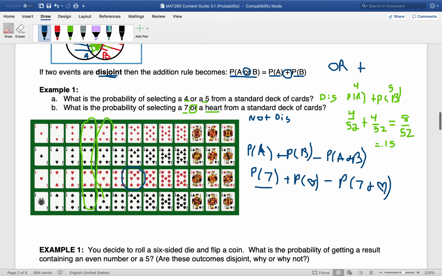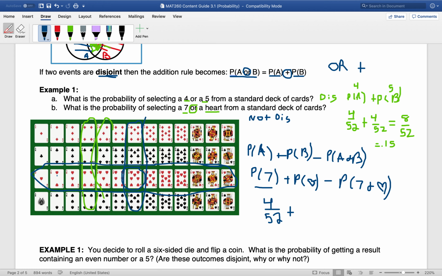So first let's find the probability of a 7. So we have 4 7s here. So again, the probability of 7 will be 4 out of 52. Then we have the probability of getting a heart. So looking at our sample space here, we can see that all of these are hearts.